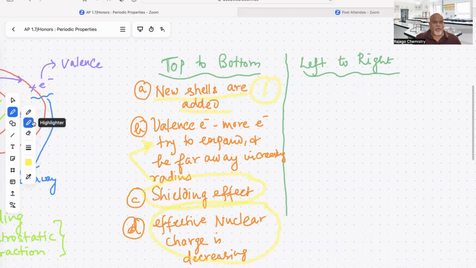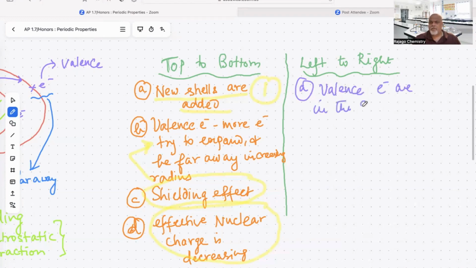Now, what happens from left to right? From left to right, the valence electrons are added in the same shell, not same period, sorry, same shell, right? So if you have two electrons in the second shell, we are going to add the electrons in the same shell.